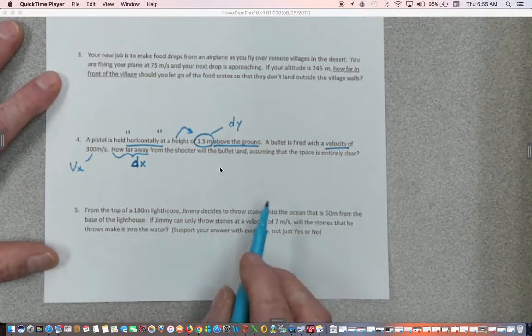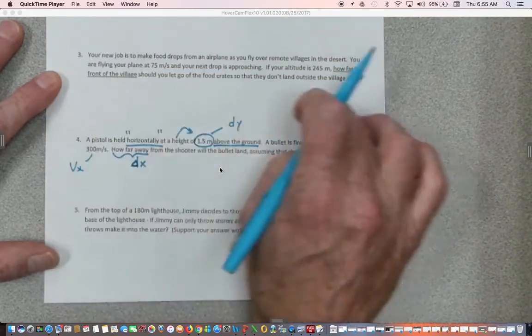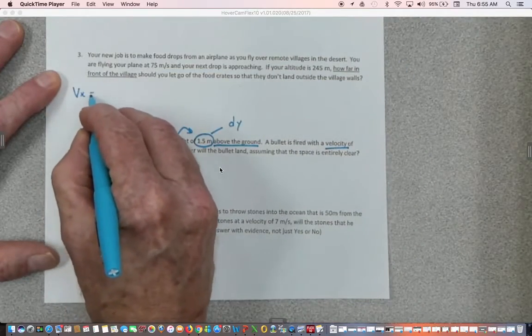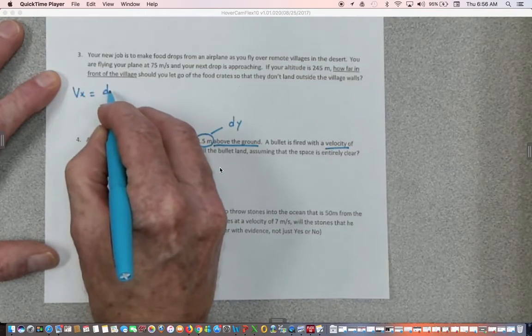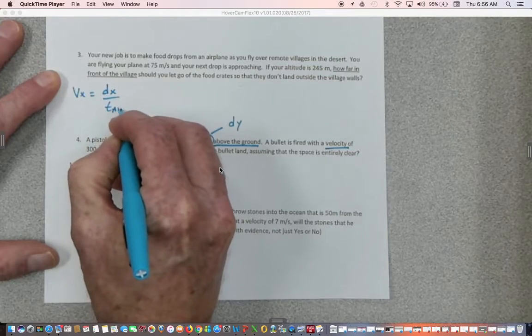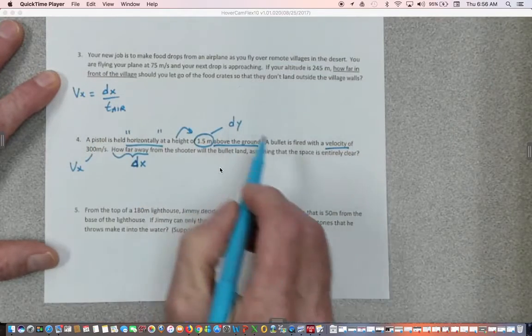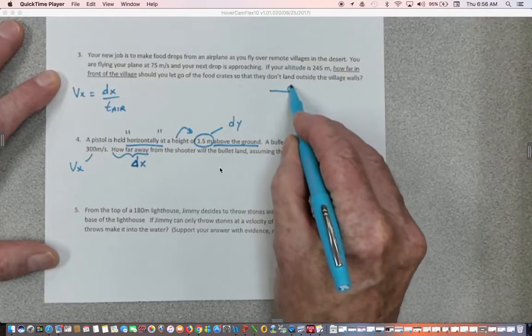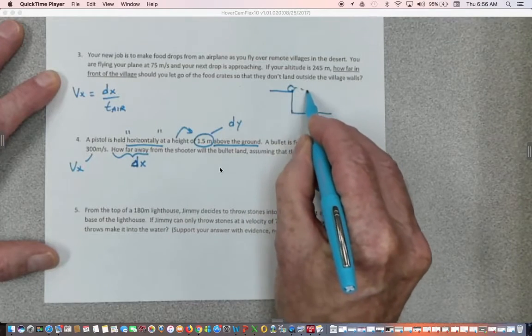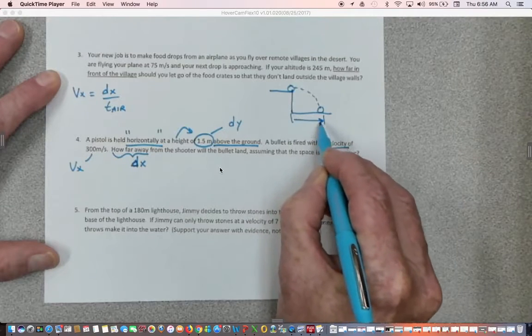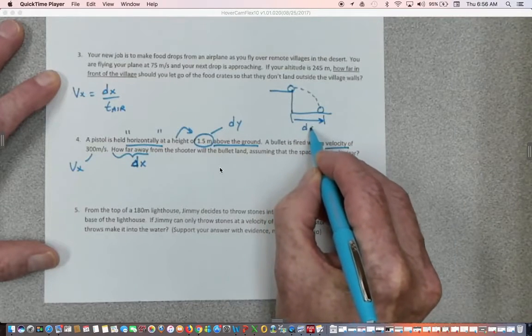So, you have 3 formulas, and in this space here, you can write the formulas. Vx equals delta x divided by time in the air. That's one way to do it, if you know your delta x. So, let me draw a little picture of a cliff and a projectile. This would be delta x.